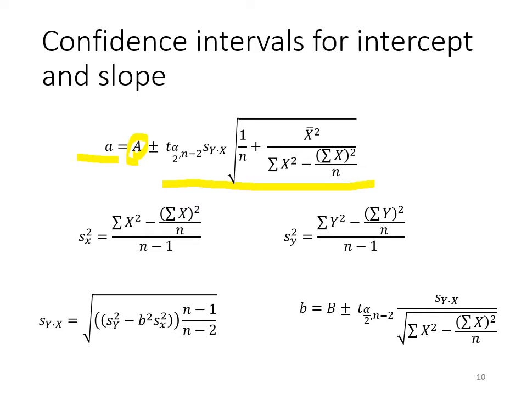Now we have the standard deviation, the variance on X, and the variance on Y, and this is the variance of Y on X. And then we have a slope. This is the slope from that regression line. And then we have a confidence interval that we will calculate.